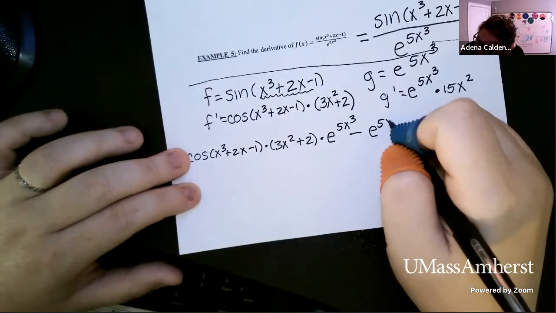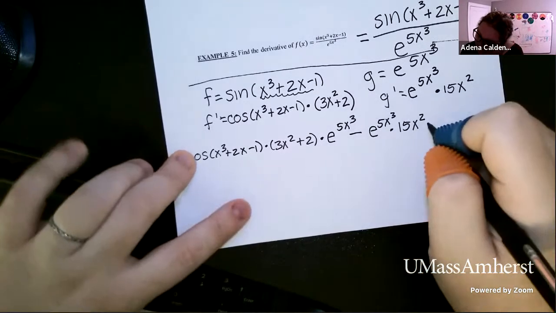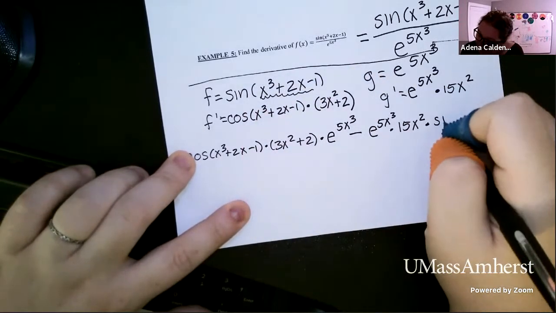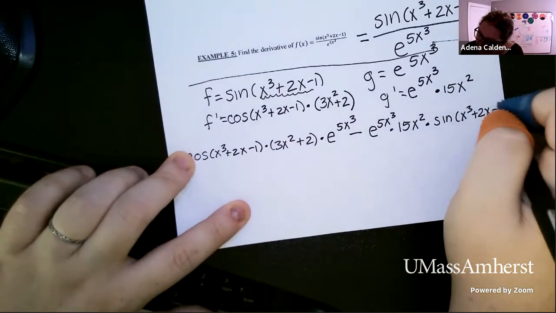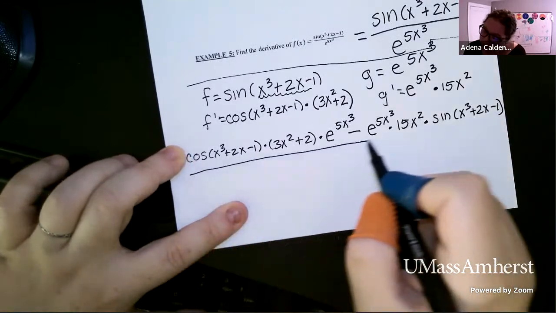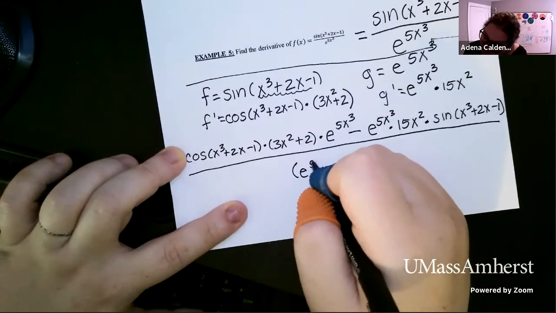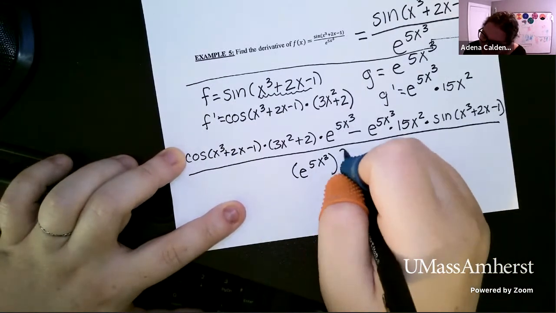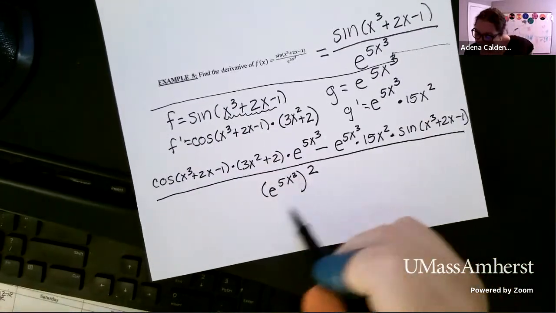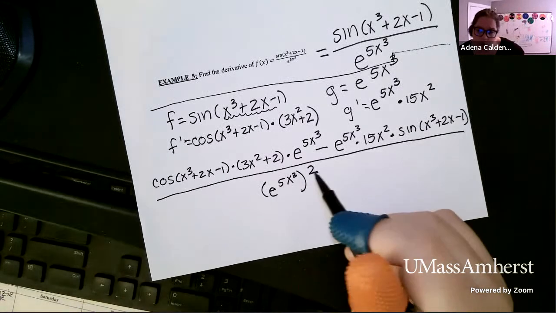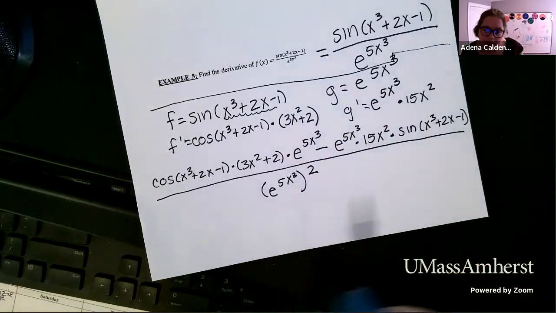So e to the 5x cubed times 15x squared times f, which is sine of x cubed plus 2x minus 1, all divided by g squared. So e to the 5x cubed, squared. Again, typically we leave whatever's in the function the way it is and then squared. We don't usually square it out. So you are most likely to see an answer sort of written like this.